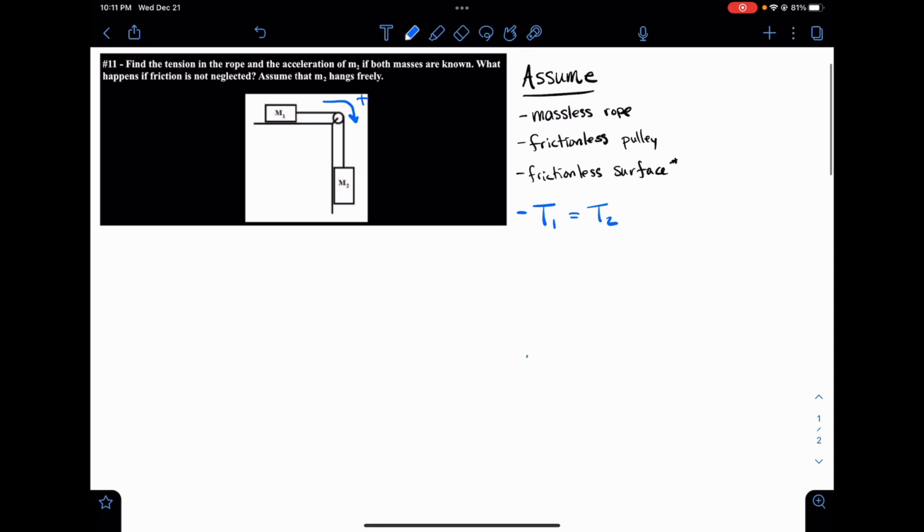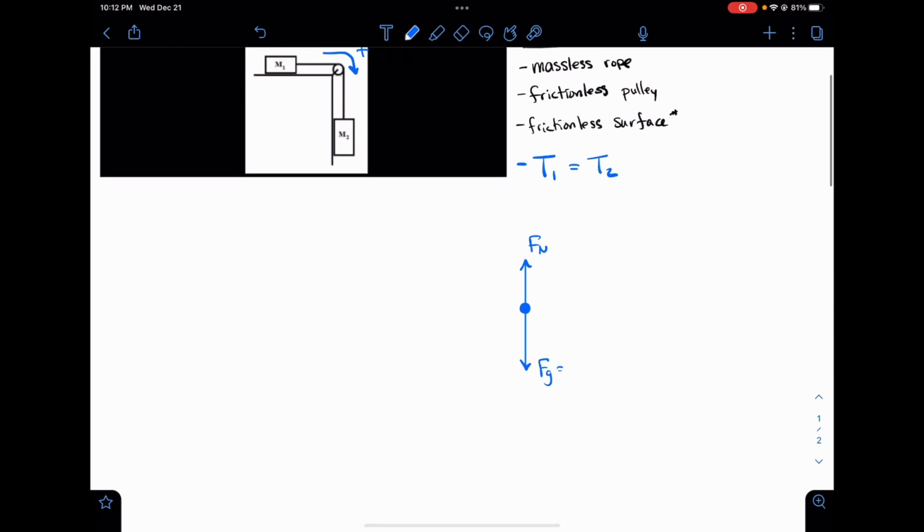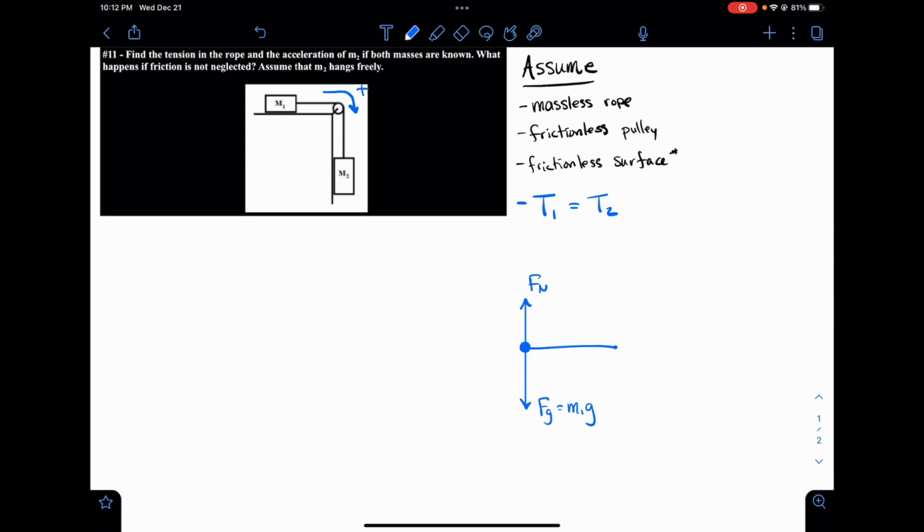All right, starting with block 1. We're going to have two forces up and down: one being the normal force, and the other being the force due to gravity, which is equal to mass 1 times the acceleration due to gravity. The only other force we have in the system is tension, which I'm just going to write right here.